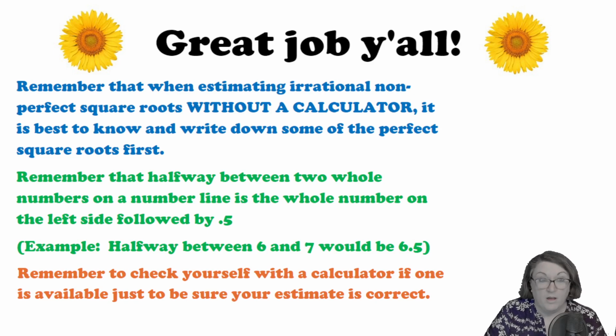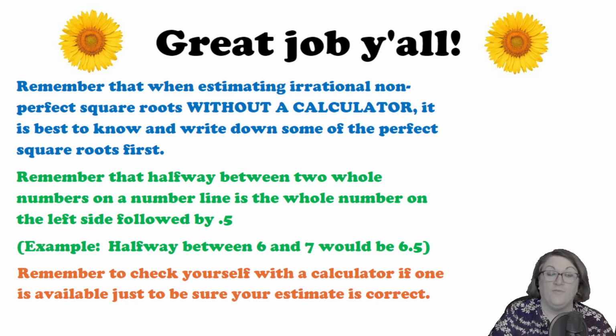So great job, y'all. So here's some things to remember: when you're estimating irrational non-perfect square roots without a calculator, it is best to write down some of the perfect squares first and try to figure out which two perfect squares your non-perfect square root falls in between.